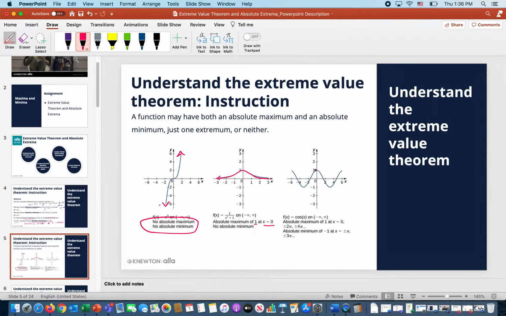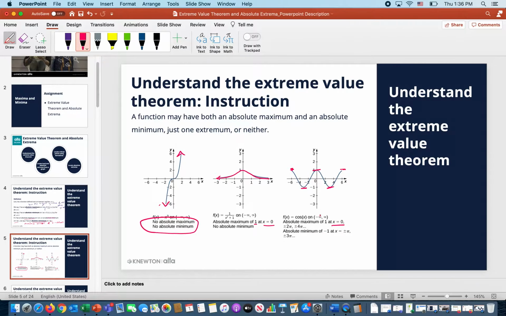Here's a case where I have an absolute maximum and two absolute minimums. Absolute maximum at 0, and then there would be another absolute maximum out here and another one out here, and that's what we mean by plus or minus 2 pi and plus or minus 4 pi.